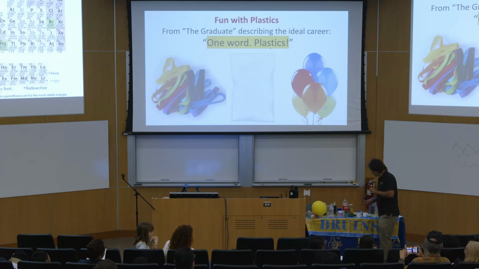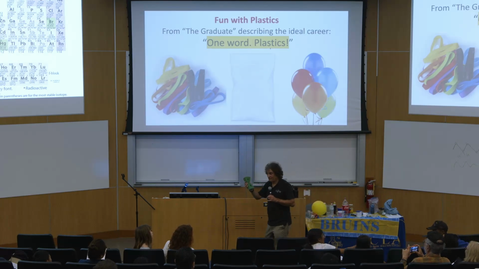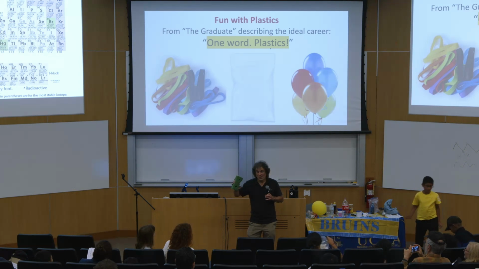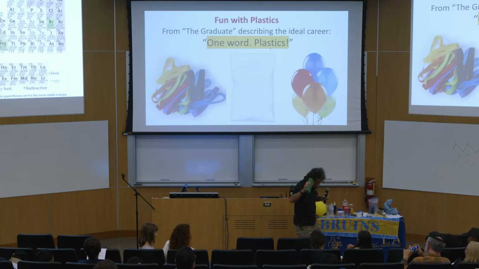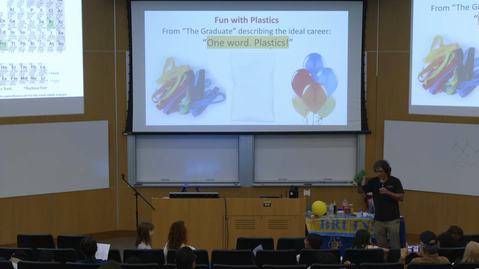There are other ways to do it. Anybody know what this is? Foam. What kind of foam? Polyurethane foam. Wow. You guys are good. So all your mattresses, your seats in your car, they're all made out of polyurethane foam.